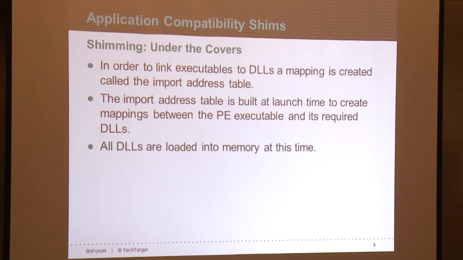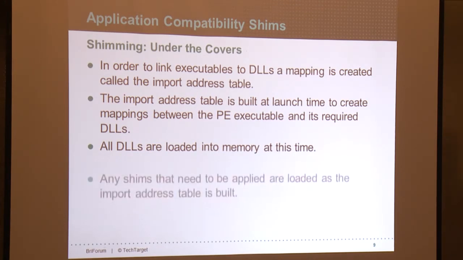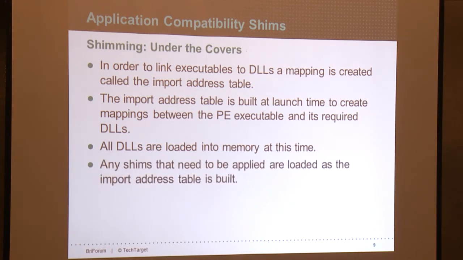But all your DLLs should be loaded in at this time for most applications. And any shims that need to be applied will modify this import address table. So this is how the magic happens: when this import address table is being built, the shims identified by the operating system will also be loaded, and DLL behaviors modified by having other DLLs take over the behavior of certain functions.